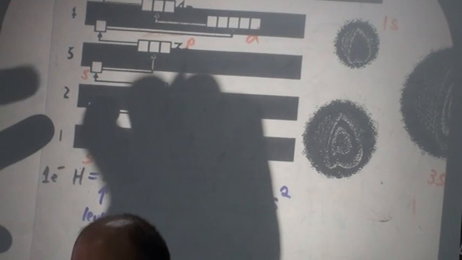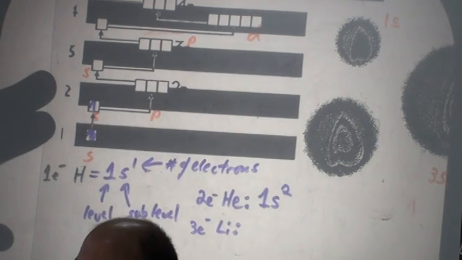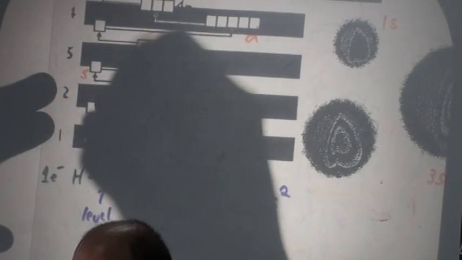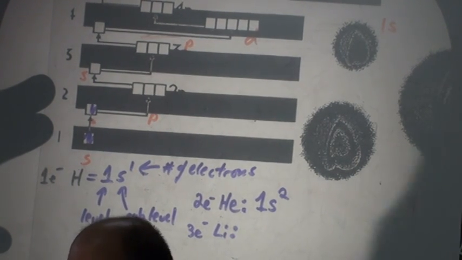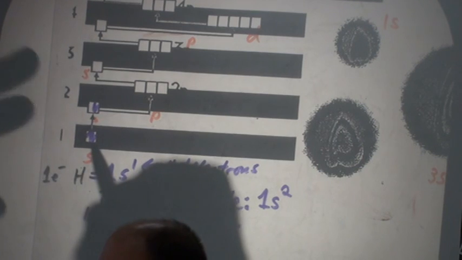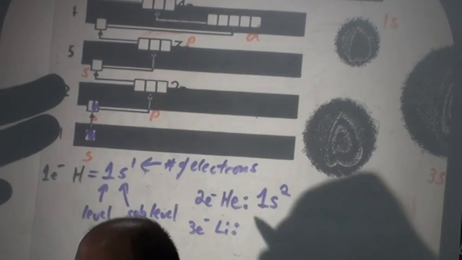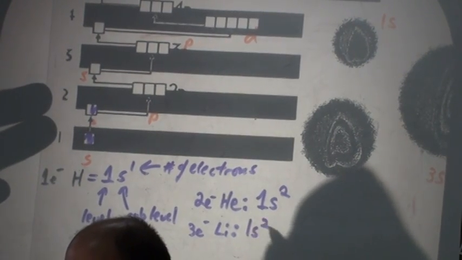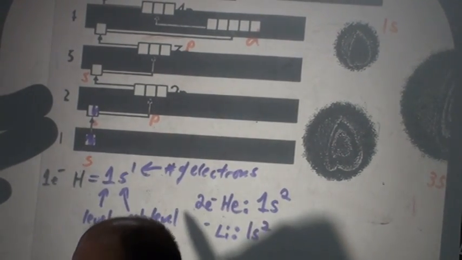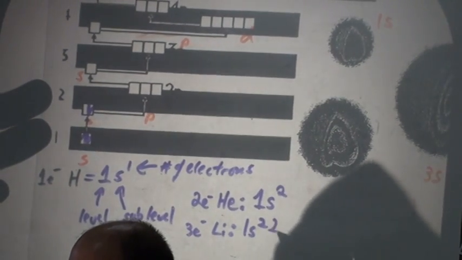And I just wrote it spin up. It doesn't have to be spin up. It could be spin down. It's just that when you have 2 of them in the same box, one must be up, one must be down. So then our configuration would be, there's 2 in the 1s, 1s2. And then where's the next electron? In the 2s1.